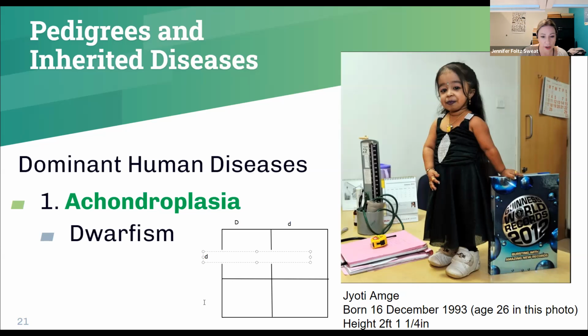Their partner is homozygous recessive, so they're of normal stature. Their children can be heterozygous or homozygous recessive. The children that are heterozygous will have achondroplasia. So there's a 50% chance, 2 out of 4 squares, that they will be heterozygous with the disease, and a 50% chance that they will not have the disease.